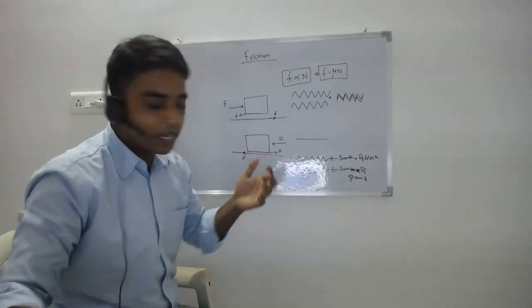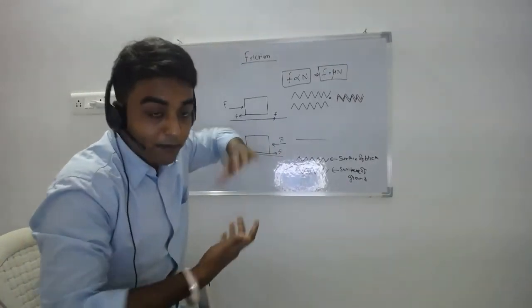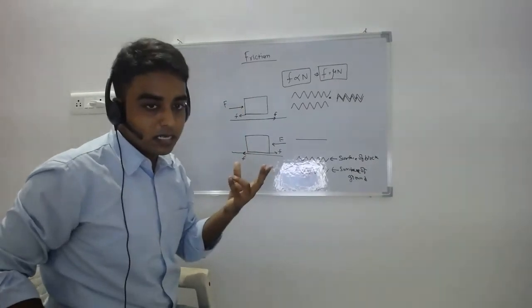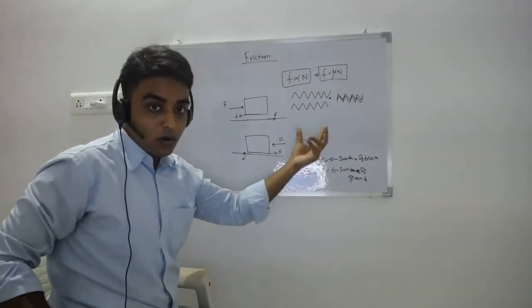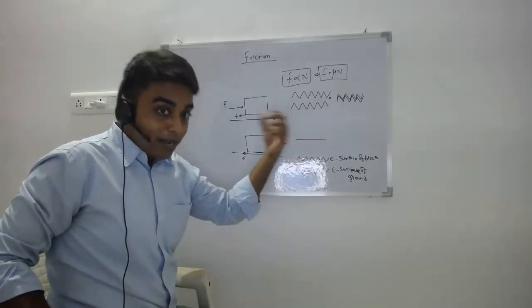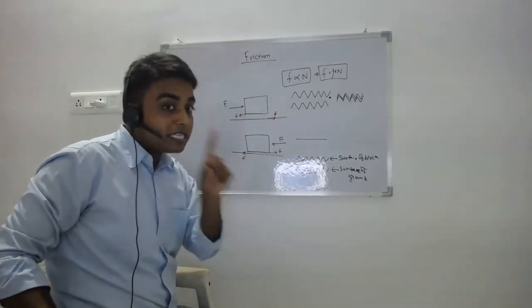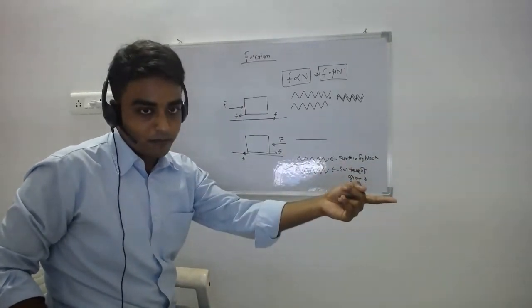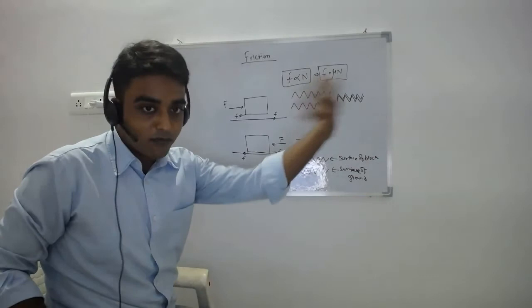Now at the beginning I told you that when we apply force on the block, there are two possibilities. The block will move or it has a tendency to move. When the block has a tendency to move, it is not moving, but it is going to move in a couple of seconds.